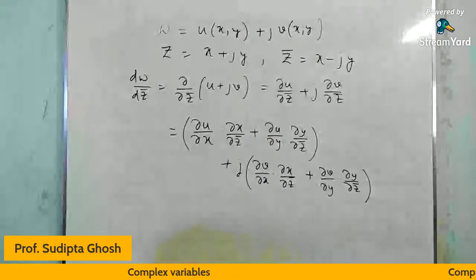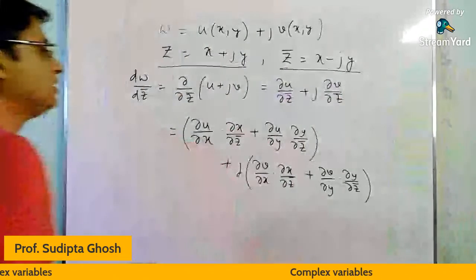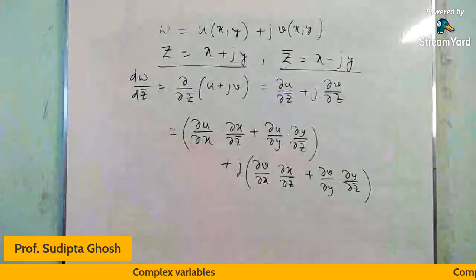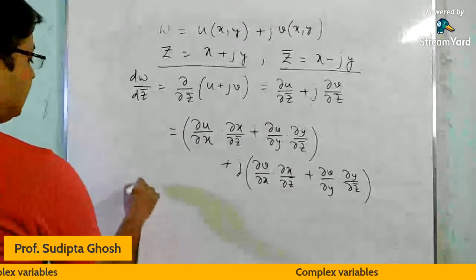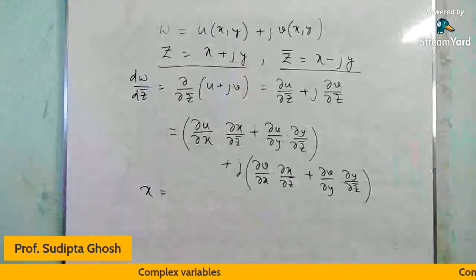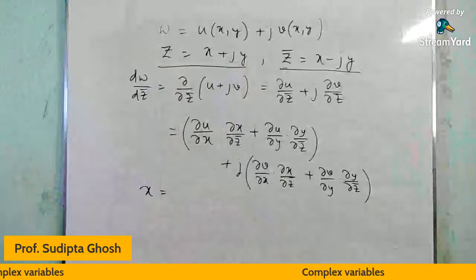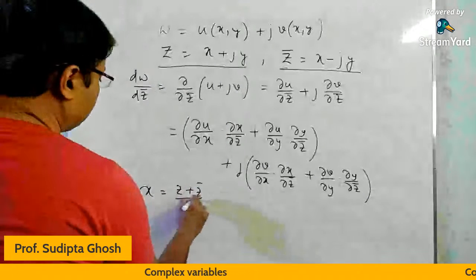Now, if z equals x plus jy and z bar equals x minus jy, then adding these two equations, we get twice x equals z plus z prime. That means x equals (z plus z prime) by 2.